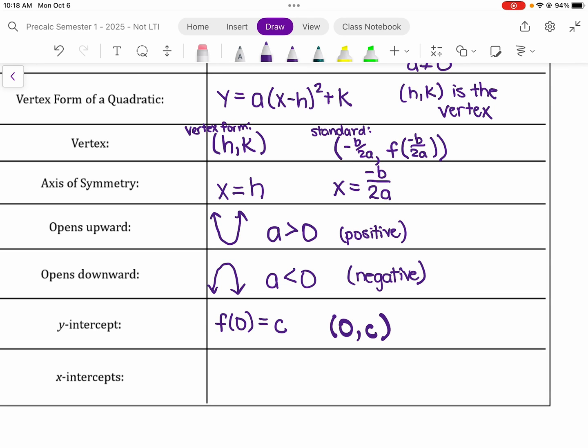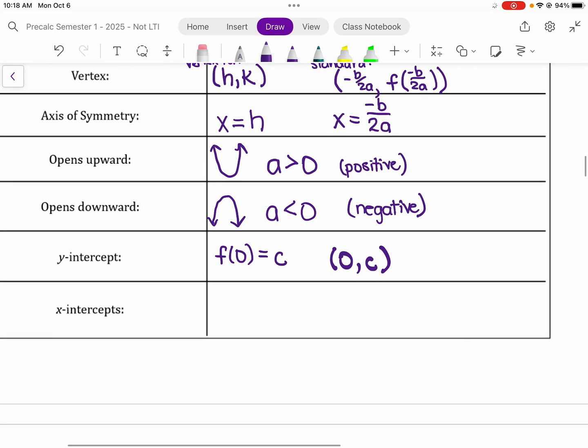All right, and then the x-intercepts, you guys will be so excited. That's when y is 0, so we write it like this. And the way that always works, this is why you're excited, is the quadratic formula. So we get to sing the song. x equals negative b plus or minus the square root of b squared minus 4ac, all over 2a.